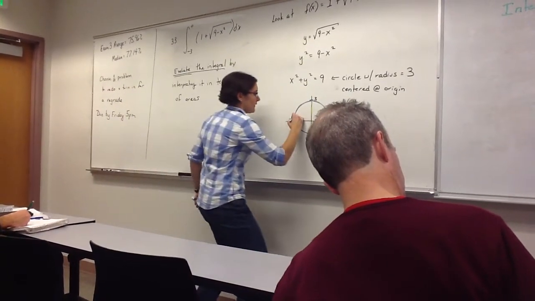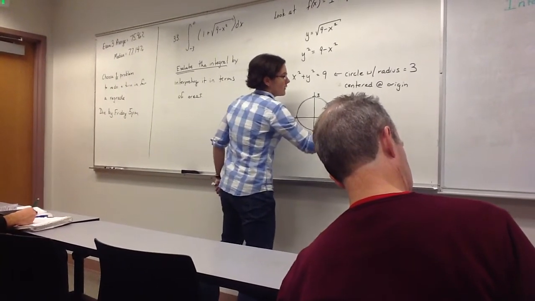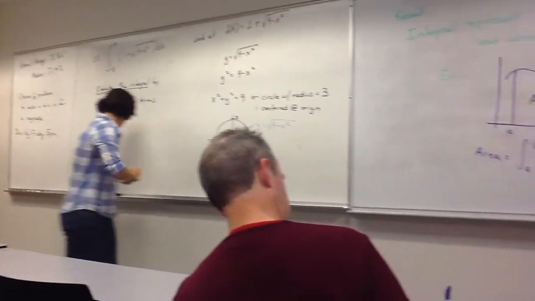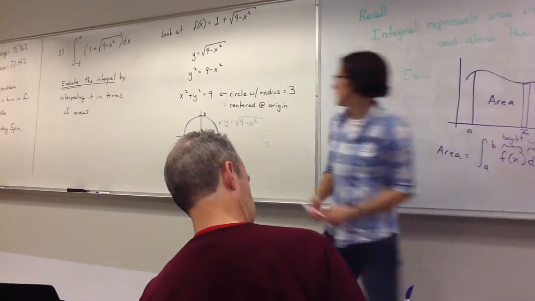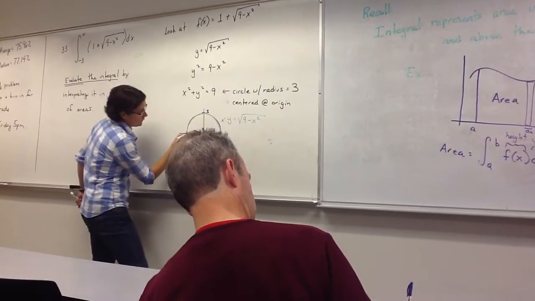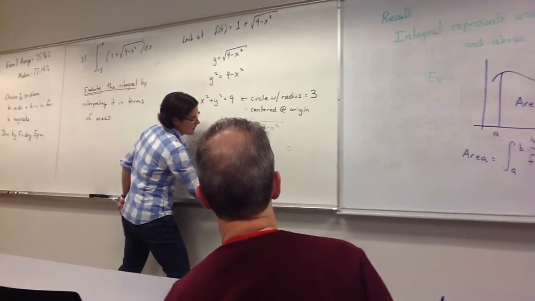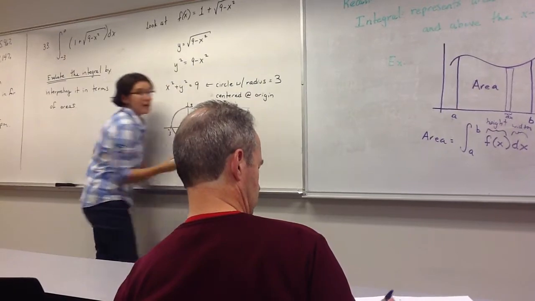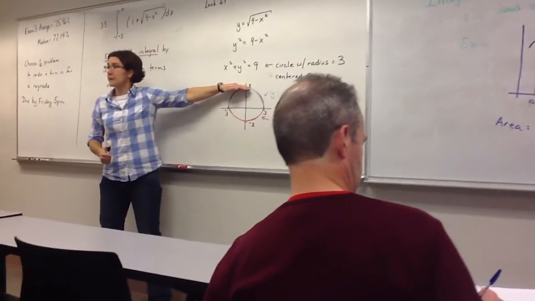So the top half is y is equal to the square root of 9 minus x squared. The bottom half would be y is equal to negative square root of 9 minus x squared. We are interested in the top half of the circle.